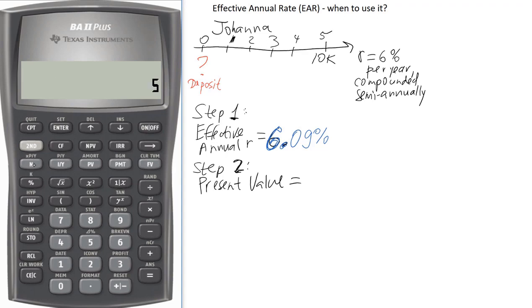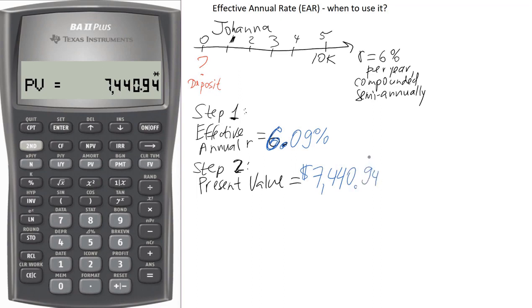That's 5 N in the calculator. And the interest rate that we need to enter is not 6, but 6.09. 6.09 I/Y. Compute present value. So we get $7,440.94. And this is the answer.